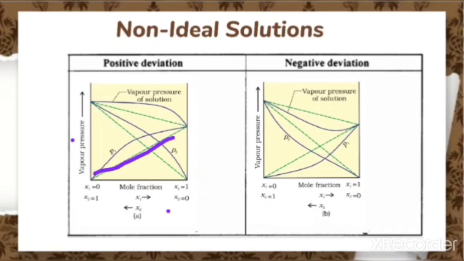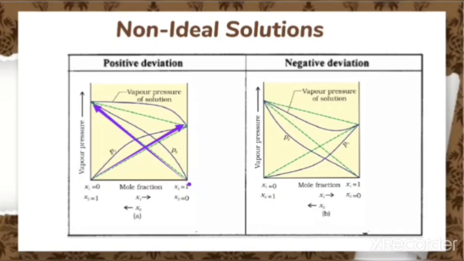So this dotted line is showing that if it is exactly obeying the ideal, that is exactly obeying Raoult's law, it will be a straight line. But here it is not obeying Raoult's law, that's why it will not be a straight line.